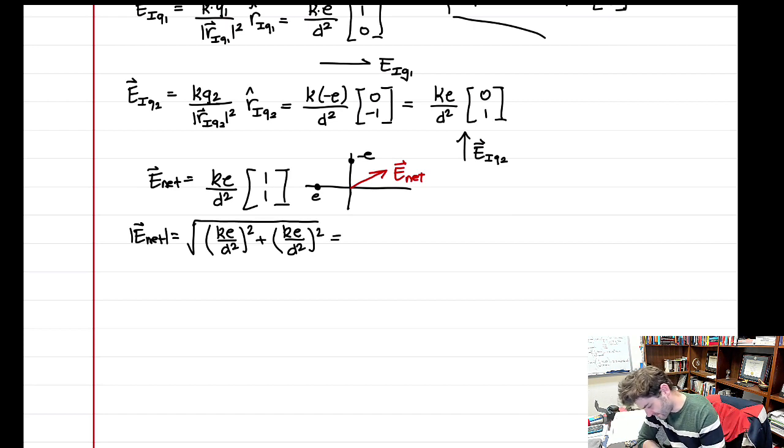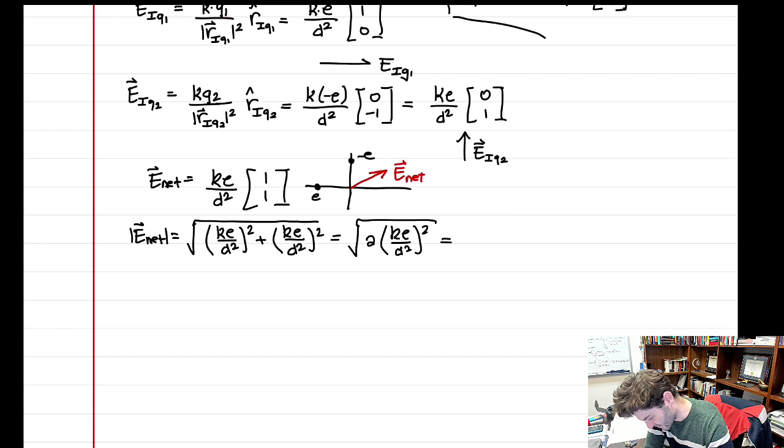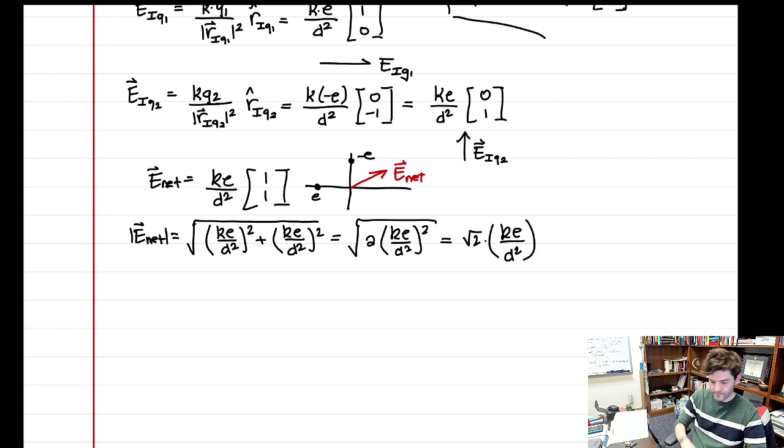Those are both the same, so it looks like it's just square root of 2 times ke over d squared, squared, or that's just square root of 2 times ke over d squared. So the length of the vector is square root of 2 times that stuff in parentheses. The direction looks like it's to the right and up.